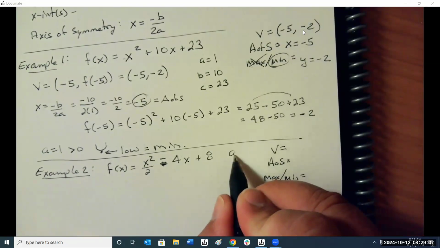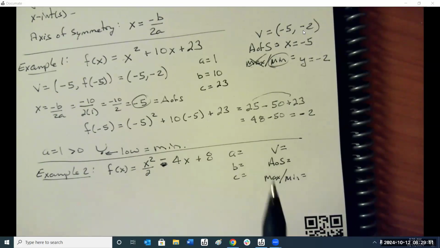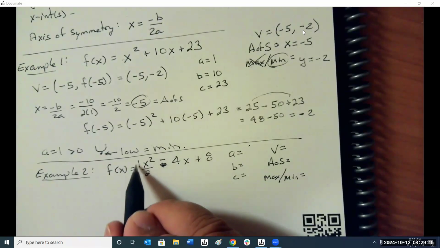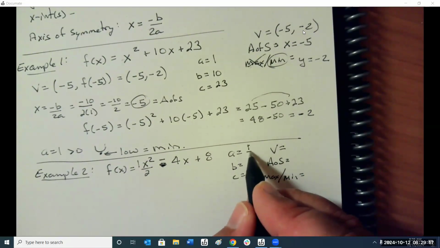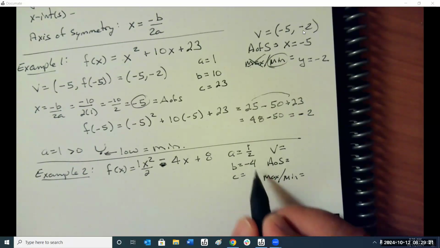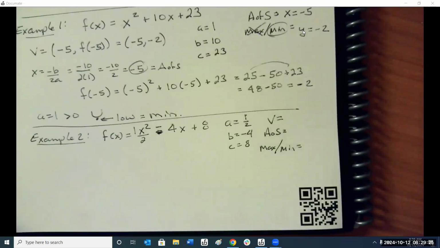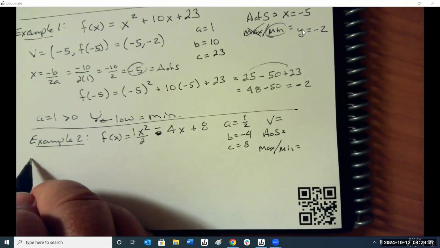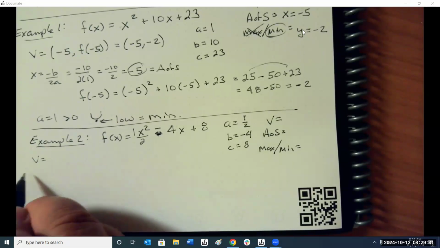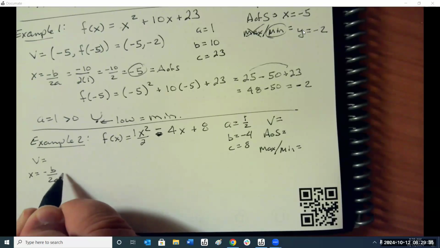So here we label a, b, c. a is whatever is in front of the x squared, which is 1/2. b is -4, and c is 8. So the vertex is -b over 2a.